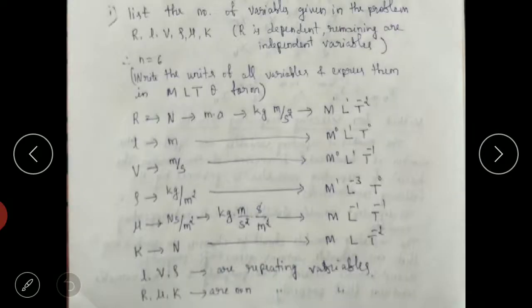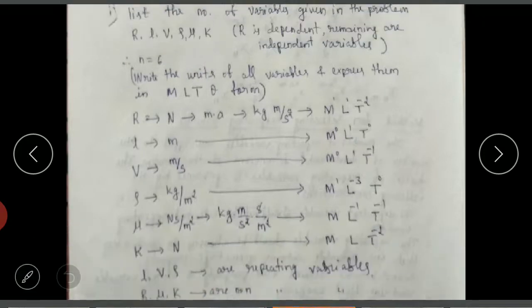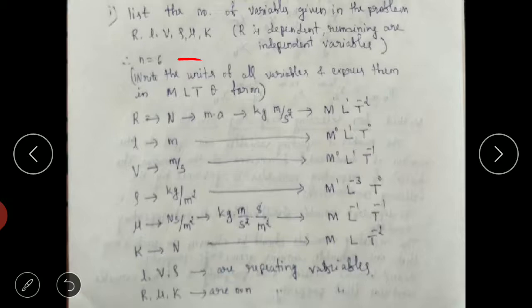That means we have n equal to 6, and the variables are listed like this: R, L, V, rho, mu, K. R is the dependent variable and the remaining are independent variables. If you read the problem, you can easily identify them.